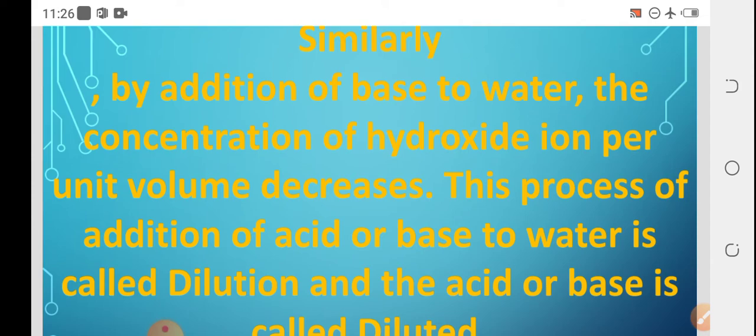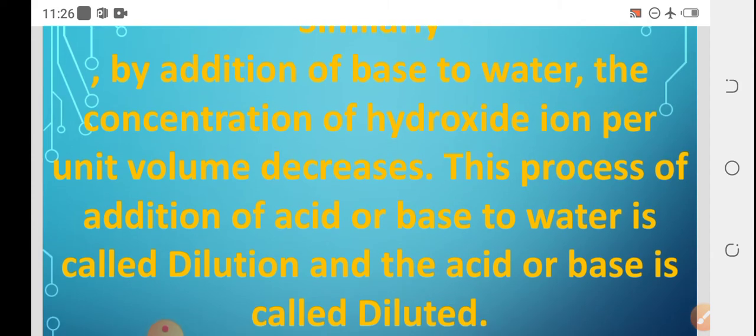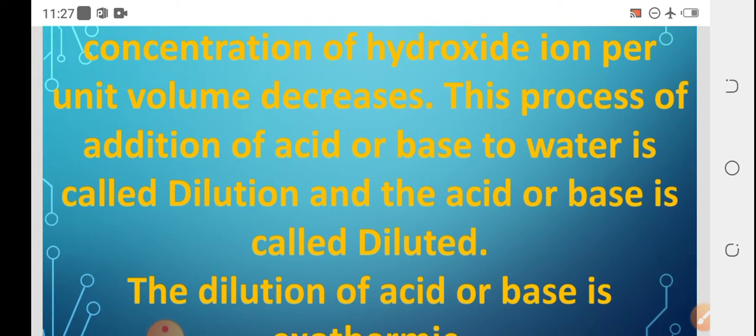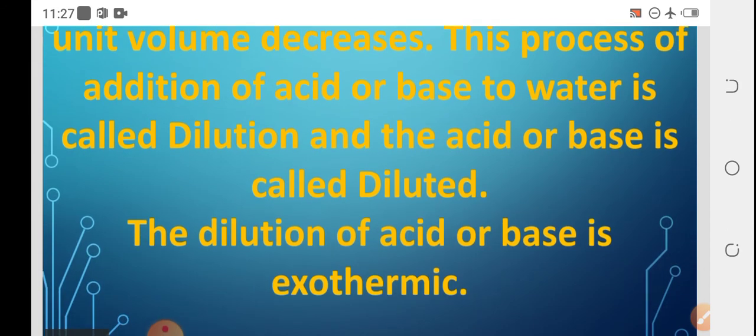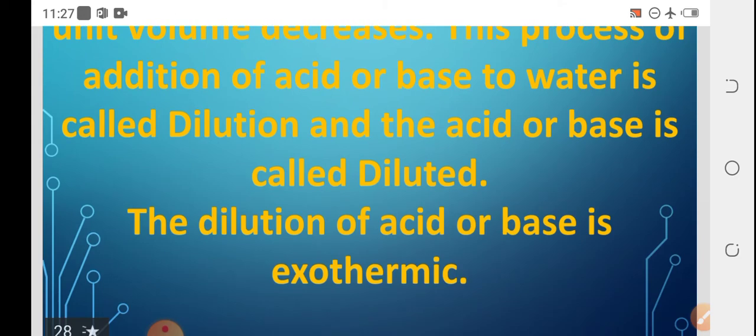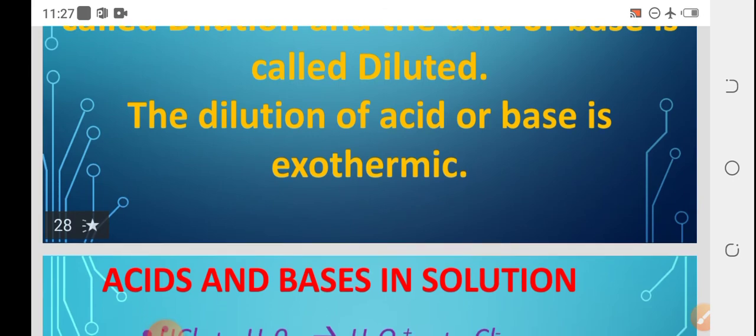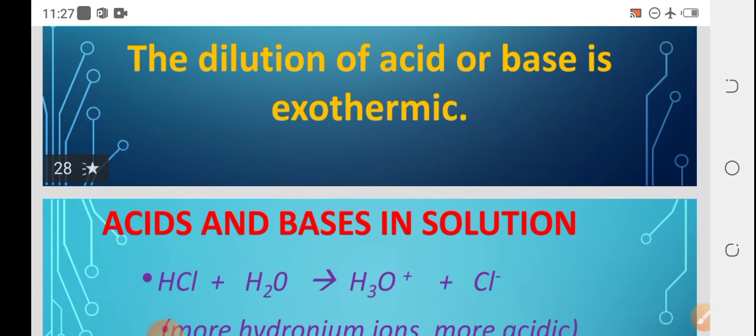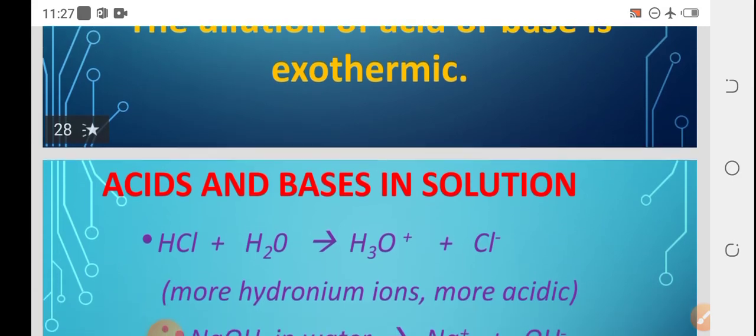This process of adding acid or base to water is called dilution. The acid or base is called diluted. The dilution of acid or base is exothermic, which means heat is released.